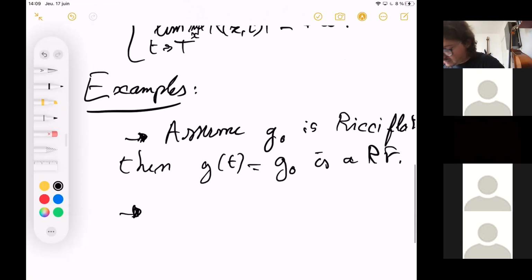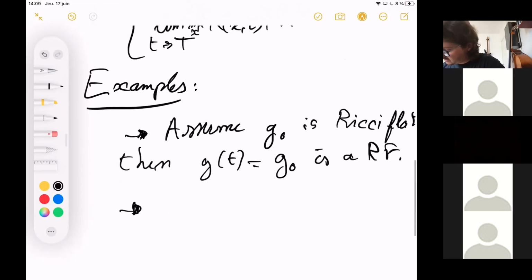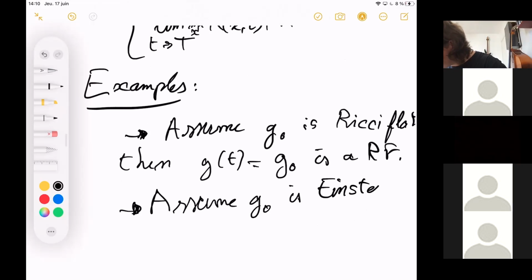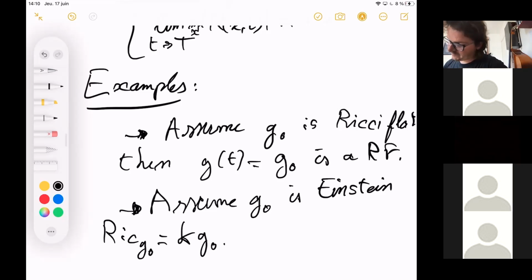You can do a little better by assuming that g₀ is Einstein. Ricci flat metrics correspond to some kind of fixed points of the Ricci flow. Now assume g₀ is Einstein, so Ricci of g₀ is equal to K g₀, let's say.